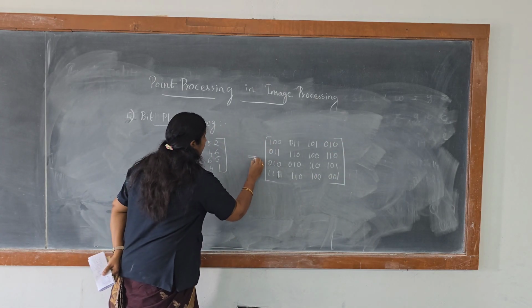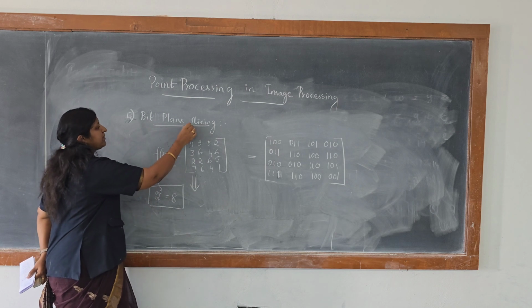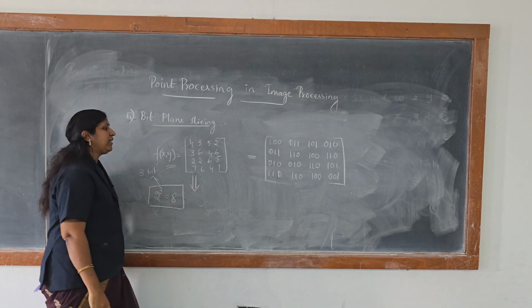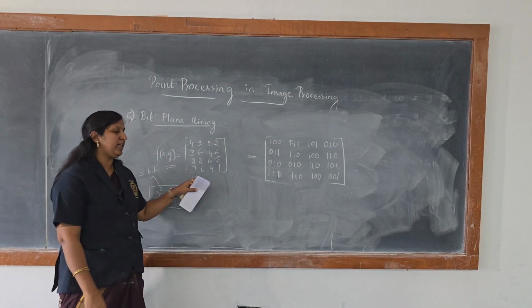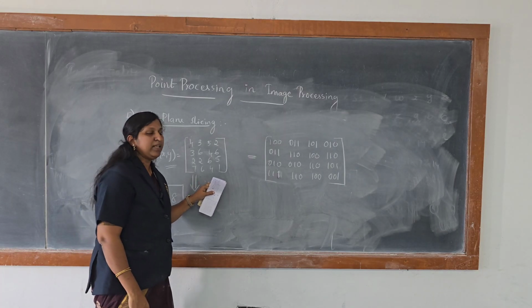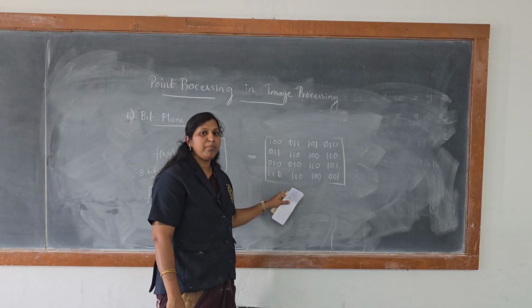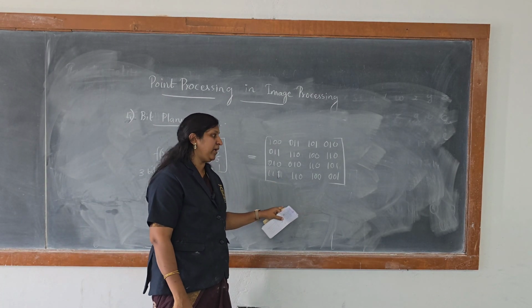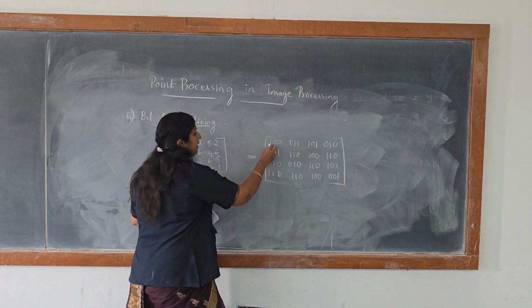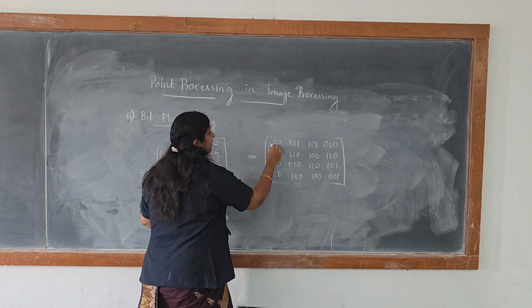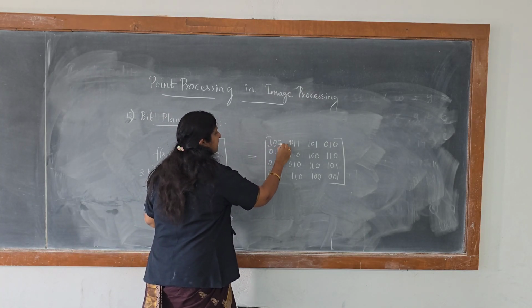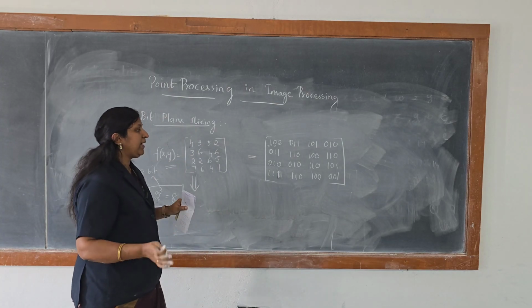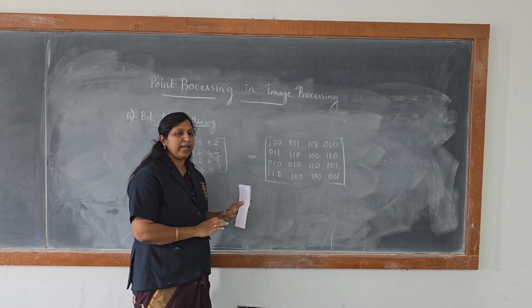I already told you that in bit plane slicing, we are taking the digital image and converting it into a number of binary images. Here the most significant bit, center bit, and least significant bit are separately considered as 3 different binary images.